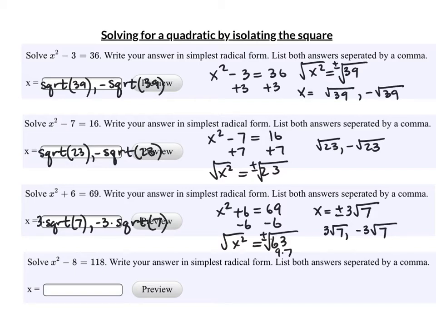A few more here. X squared minus 8 equals 118. So we'll add 8 to both sides. X squared equals 126. And in this case, we might go back to mathisfun.com and see if there's any perfect squares in 126.